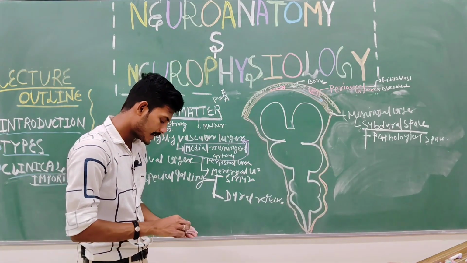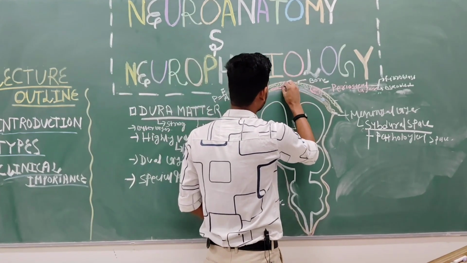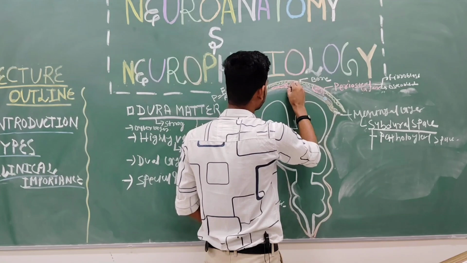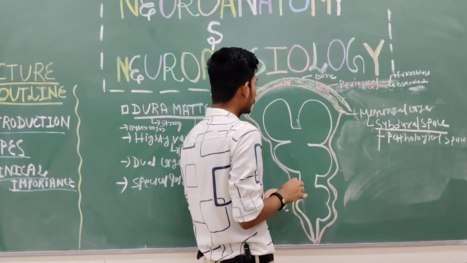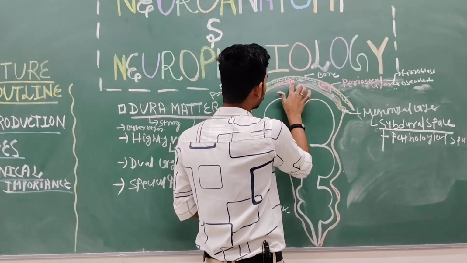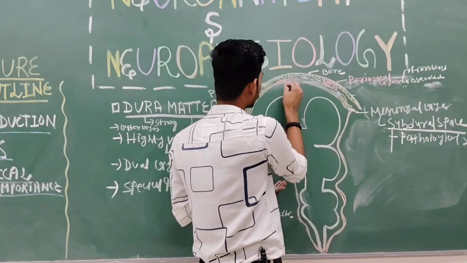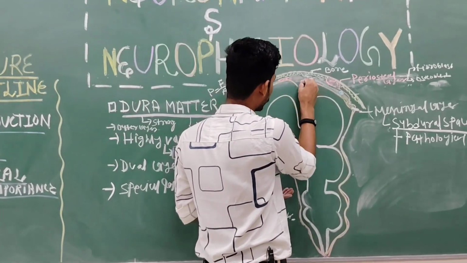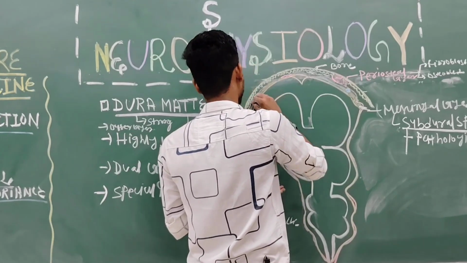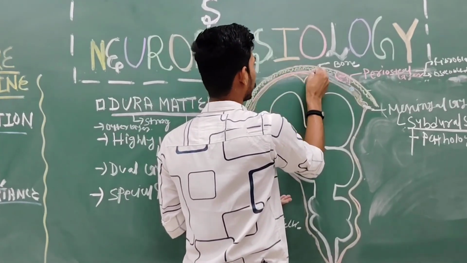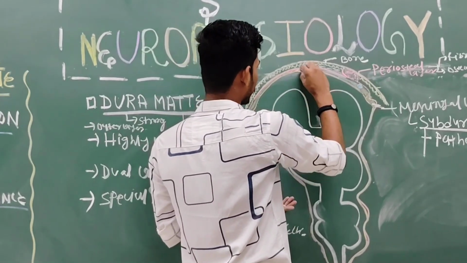The sinuses present in the top region are called the dural venous sinus. Understood?